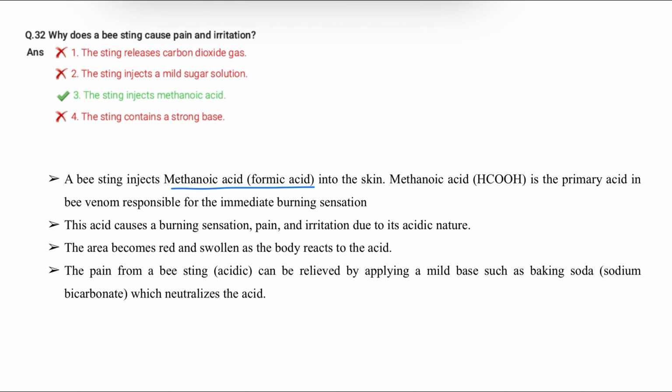This acid causes burning, pain and irritation due to its acidic nature. The area becomes red and swollen as the body reacts to the acid. The pain can be relieved by applying a mild base such as baking soda, which neutralizes the acid. The correct answer is that the sting injects methanoic acid.